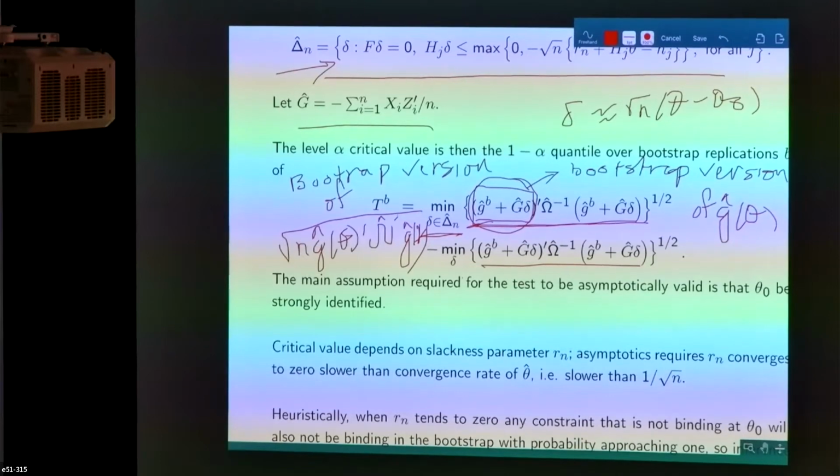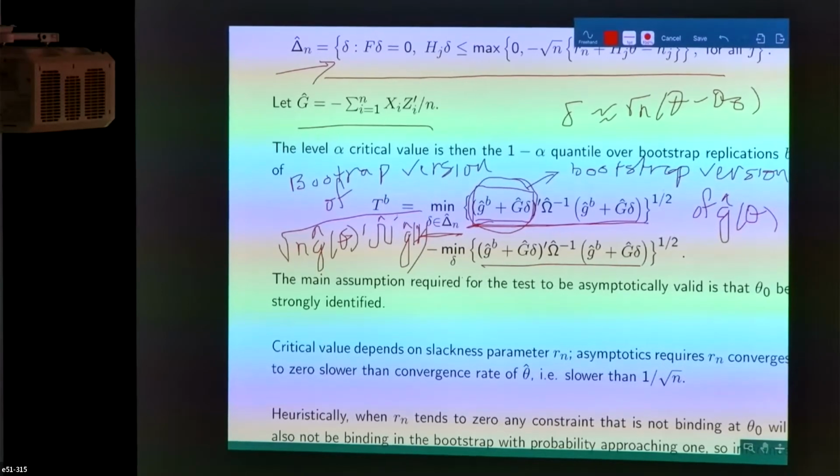What happens as you go to where the inequality restrictions are or are not satisfied is the limiting distribution of this switches between something like a quadratic form and partly half normals. This was figured out quite a while ago, what that limiting distribution looks like. The problem is its discontinuity across the different cases. And the role of Rn is to fix that.